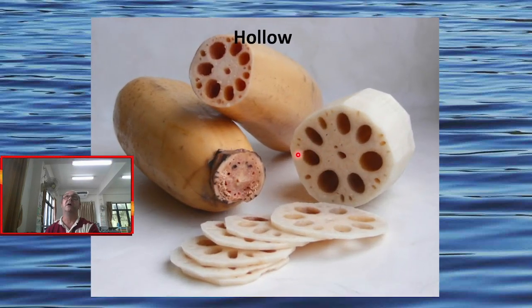So all these holes here, nice big hole here, all the little holes all the way around. See some more here, and you know they go all the way down the stem. But again, in here, there is air. The air inside here is what helps the plant to float.